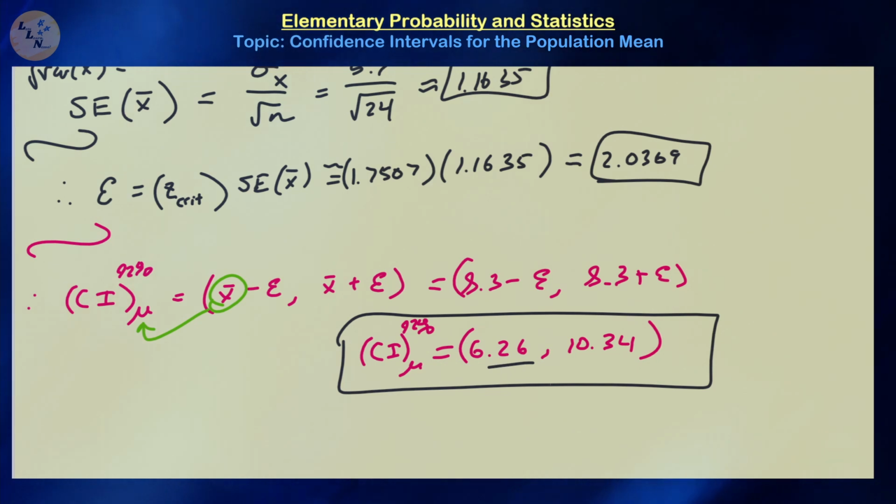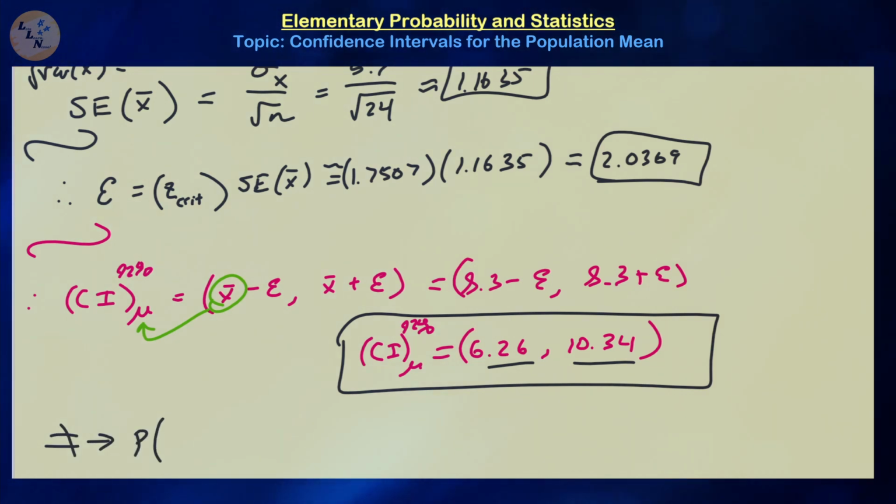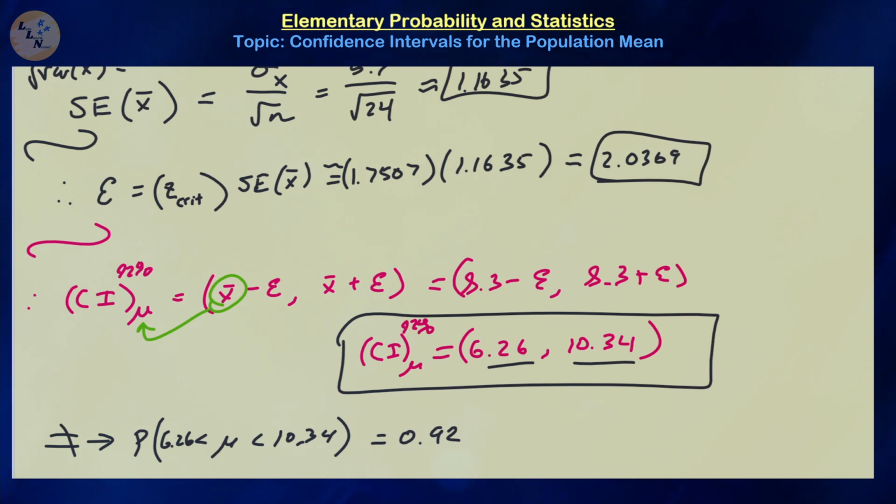between 6.26 and 10.34. Remember, that does not imply that the probability that mu is in between 6.26 and 10.34 is equal to 92%, right? Because keep in mind, the random variable was x bar, not mu.